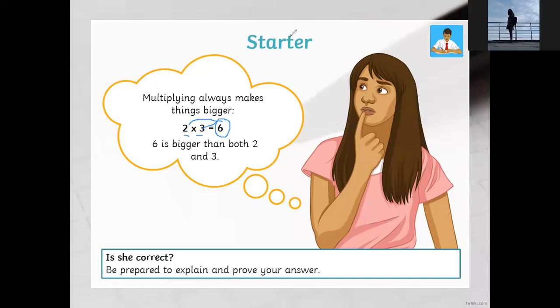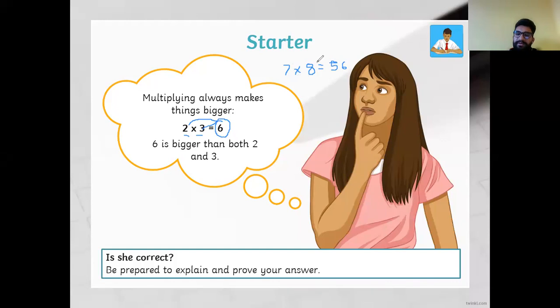That means if you multiply any two whole numbers, like 7 and 8, what is the product? 56, right? The result will always be greater than the numbers. 56 is greater than 7, and 56 is greater than 8.